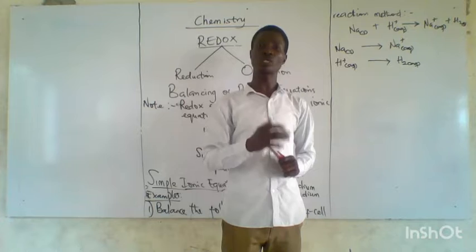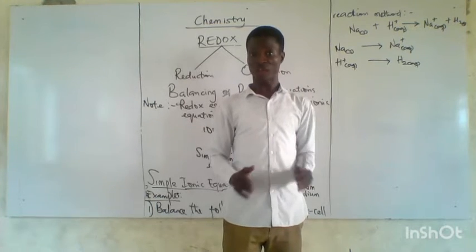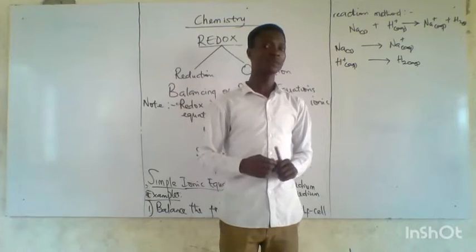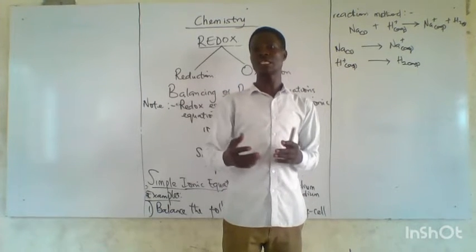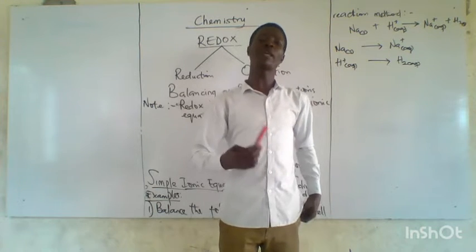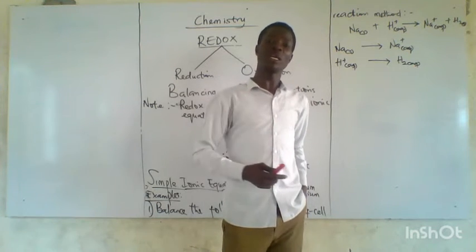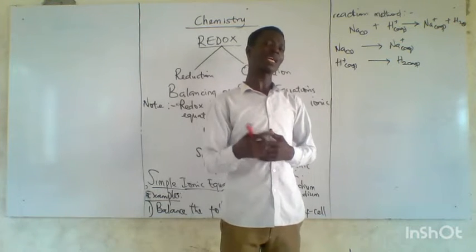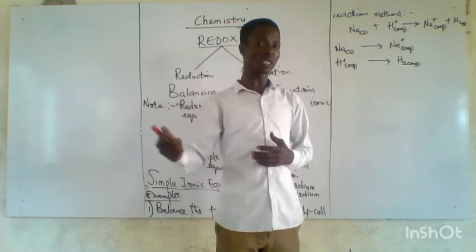Now, how will I identify the oxidation process and the reduction process? According to electron transfer, oxidation is defined as the loss of electron, and reduction is defined as the gain of electron. So when will I know an element is losing electron so that I can identify it as oxidation?